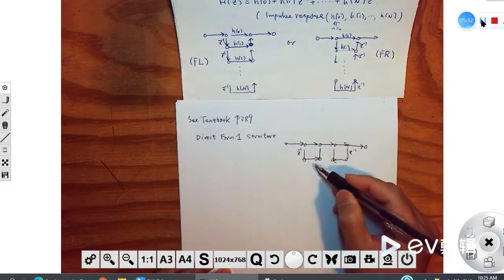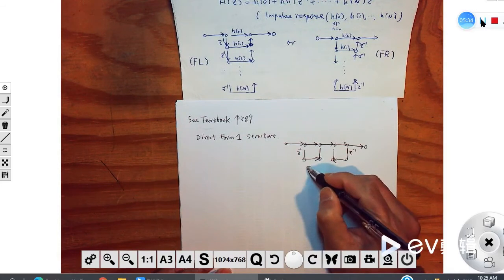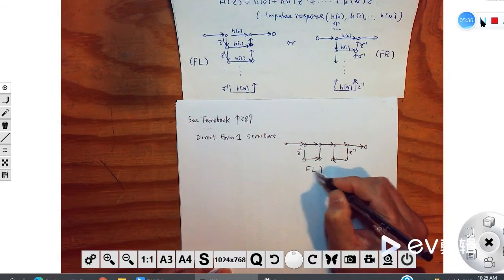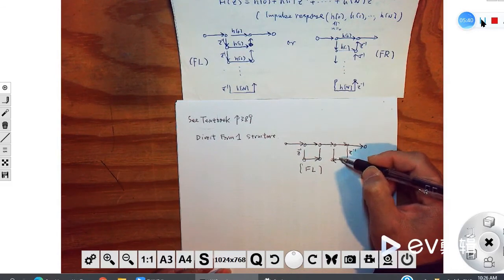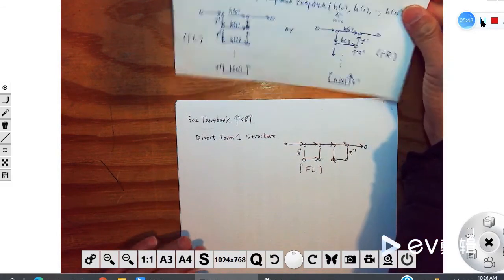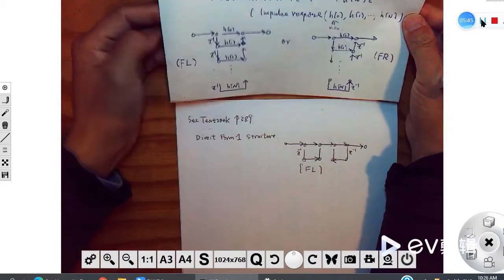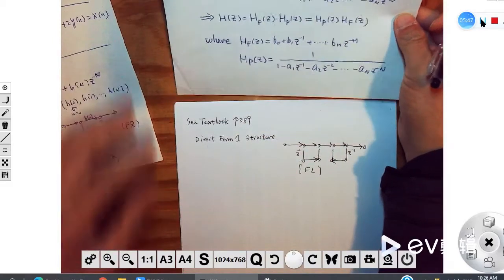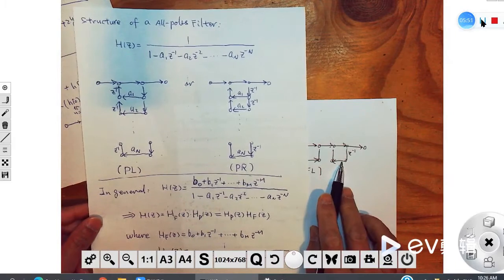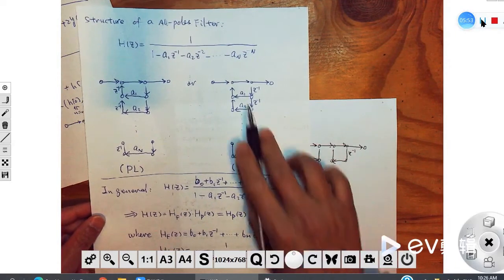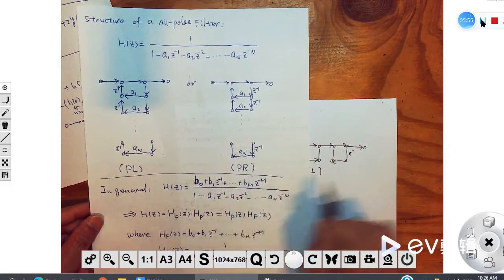This one is backward with delays. This is the opposed part, and the delays are on the right side. So this is a PR.